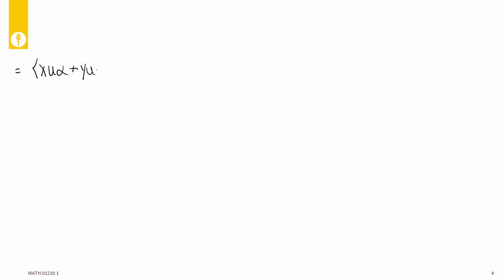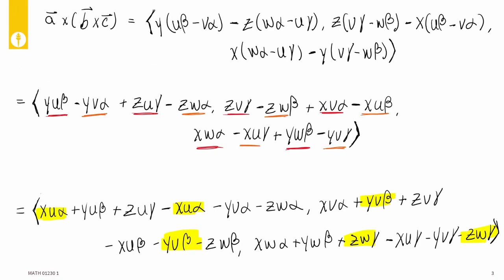Wrong line. It's YU beta plus ZU gamma, right? Yeah.